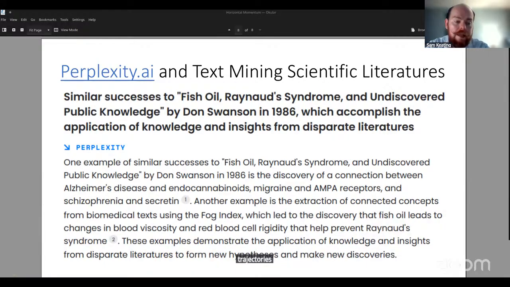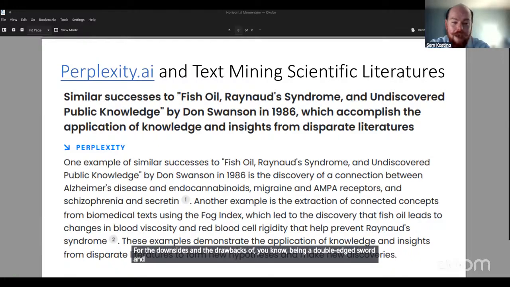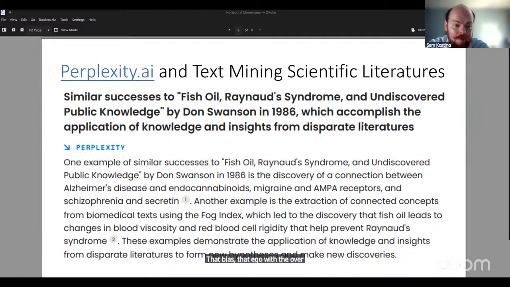I tend to find that ego and overconfidence, especially in science, are just as much of a perpetrator as money for the downsides and drawbacks, a double-edged sword, in explaining why we haven't made more progress yet, or why science moves so slow and why humans infuse so much bias and mistakes into our work. That bias, that ego, the overconfidence of I need to be right.